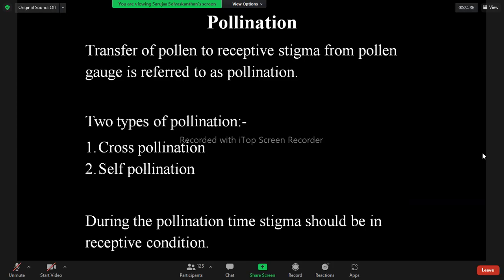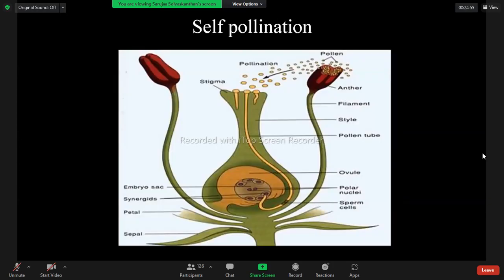The receptive stigma is there, then the pollen is transferred to the stigma, that is pollination. There are two types of pollination, we all know, cross pollination and self pollination, right? During the pollination, stigma should be in the receptive stage, otherwise pollination will not occur, right?